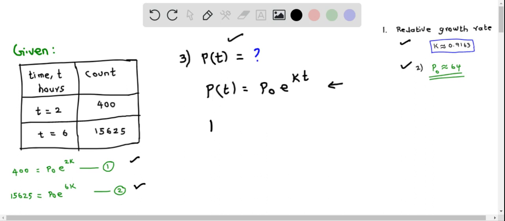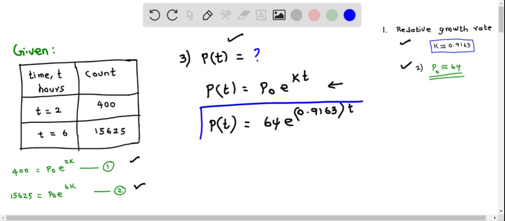When we do that, we get P of t equals 64 e raised to the power of 0.9163 times t. So this is the expression used to determine the number of bacteria after t hours.